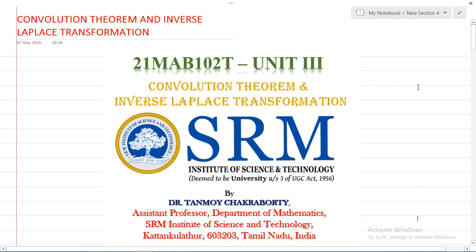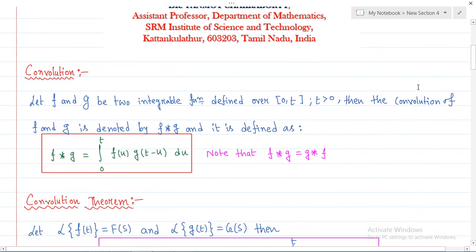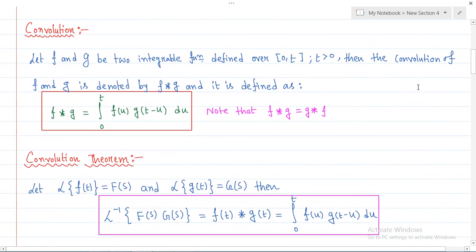So before we go to the problem, first of all we need to know about the convolution and the convolution theorem. So what is the convolution between two functions? Suppose we have two real valued functions f and g, and these two functions are considered as integrable functions defined over a closed and bounded interval 0 to t, where t is a positive real number.